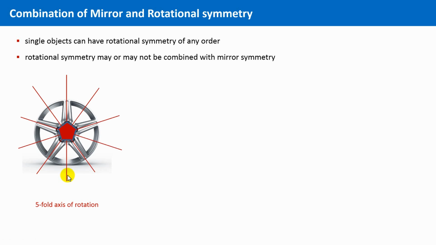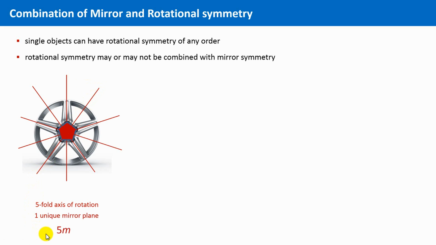Well, to answer this question, you always have to look if any of these cutting planes, so to say, will generate different pieces, and if they are distinguishable or not from the pieces which will be generated from another of these planes. Here, all mirror planes are the same. They are identical, so we have only one unique mirror plane. And the full symbol is 5m.